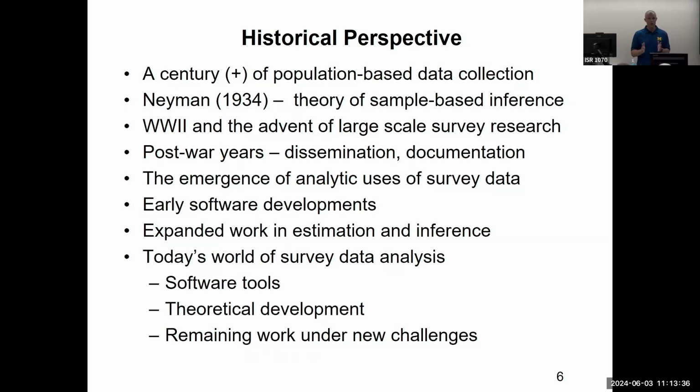And that led to more work on estimation techniques, inference techniques that were now possible with higher performance computing. And now we're living in a world where you can run these procedures, highly complex procedures, in milliseconds with the software that we have available in R and Stata and SAS. I mean, pretty much anybody can grab one of these procedures and run the right procedure on a given survey data set.